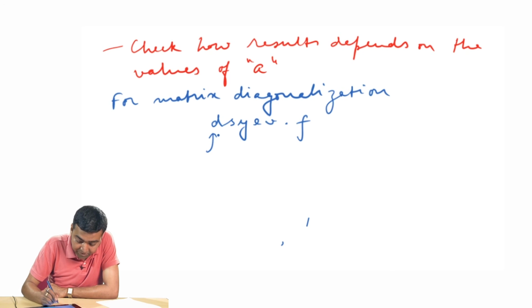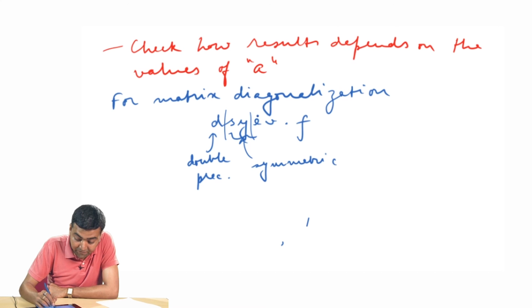This is a subroutine you can find in the LAPACK library. D stands for double precision, SY stands for symmetric, and EV stands for calculate eigenvalues and eigenvectors.